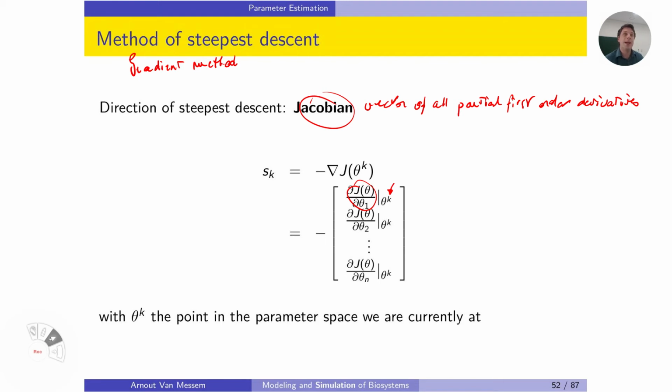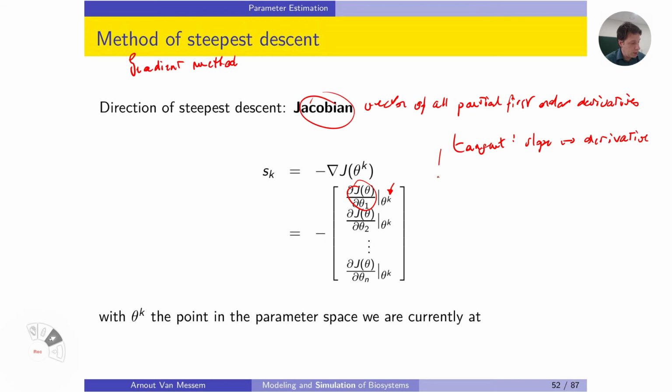If you think back, the tangent line, or at least the slope of it, was defined through the derivative. So the tangent line was determined through the derivative of the function, the derivative determining the slope. What we now have is a Jacobian, so we have a derivative in each direction. So we can see the Jacobian basically as a multivariate version of a slope.